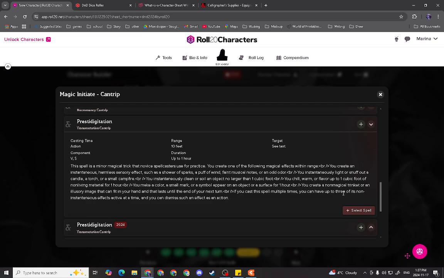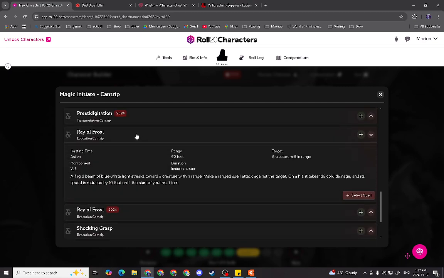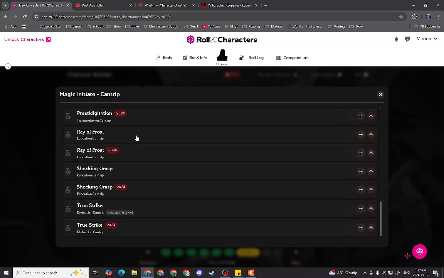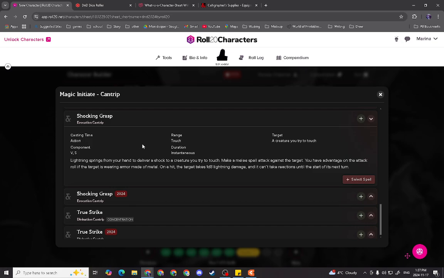And you can have up to 3 of its effects active at one time. So that's prestidigitation. Then there's Ray of Frost, which is fireball but with frost. A Shocking Grasp, which is you touch someone and lightning goes.